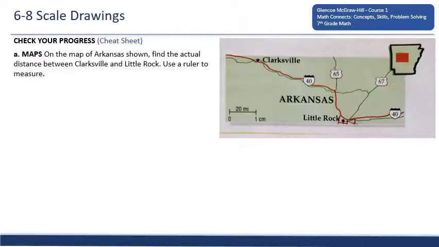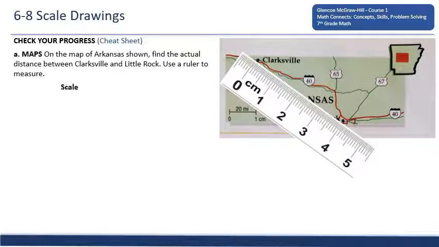Check your progress. Maps. On the map of Arkansas shown, find the actual distance between Clarksville and Little Rock. Use a ruler to measure. So we have 1 centimeter equals 20 miles, and we have 4 centimeters between Clarksville and Little Rock on the map.